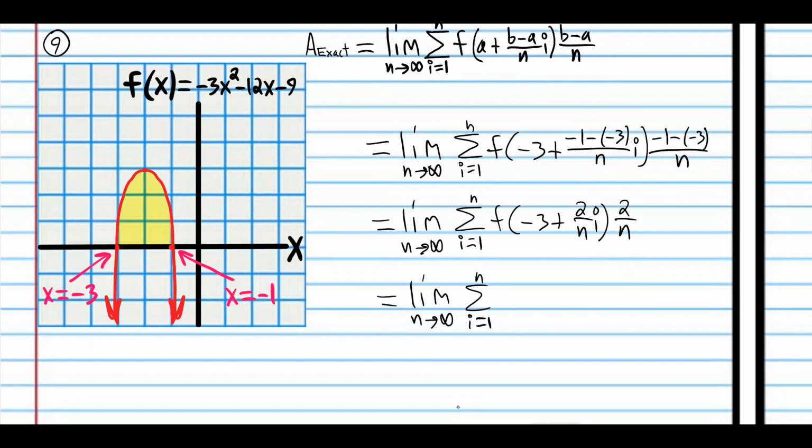So now we're going to replace this expression with this expression, except for every x we're going to replace the x with -3 plus 2 over n i.